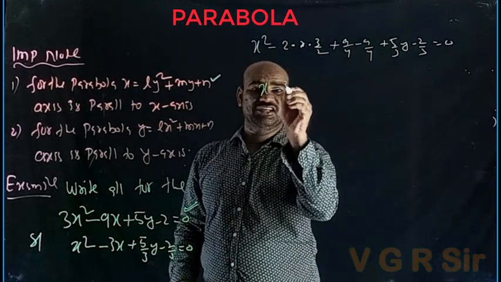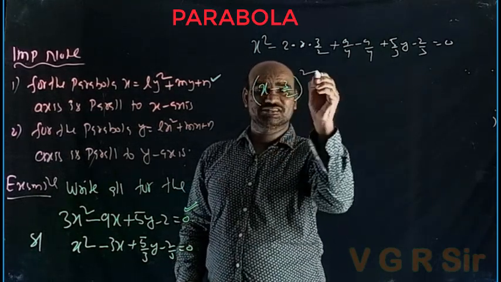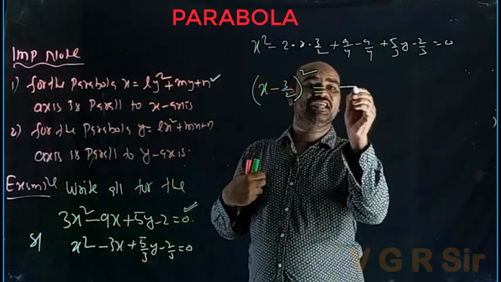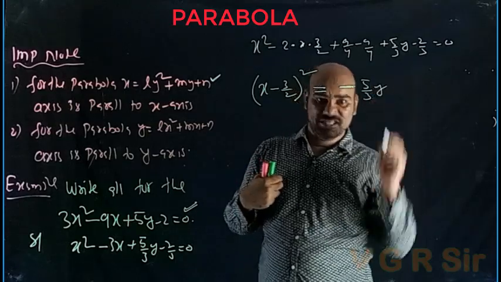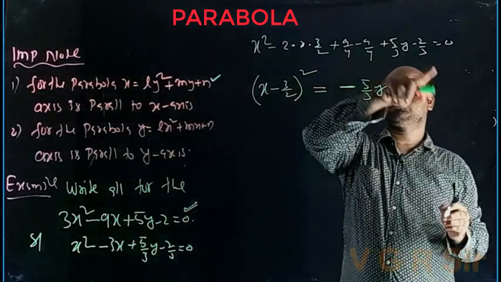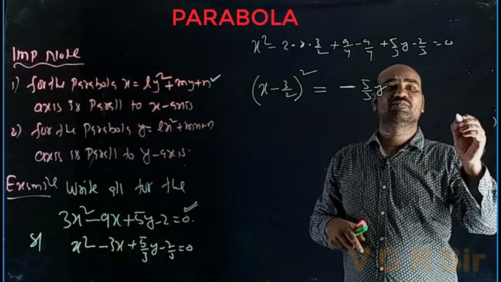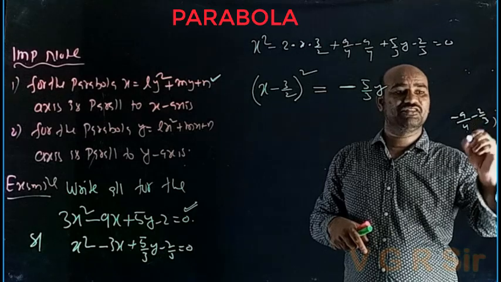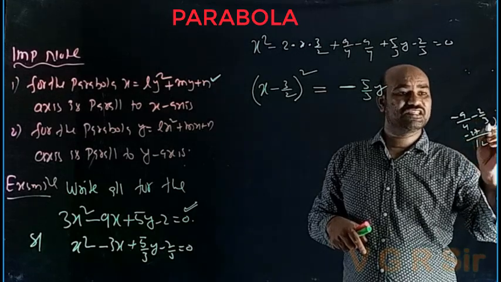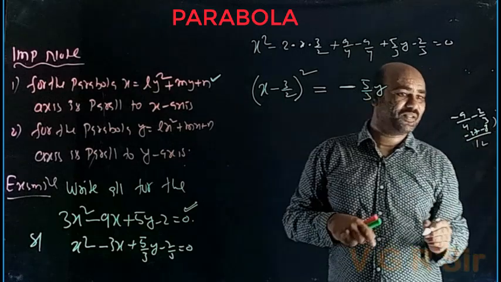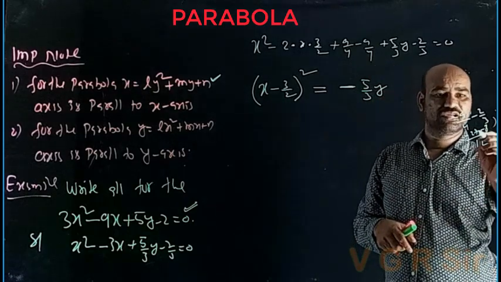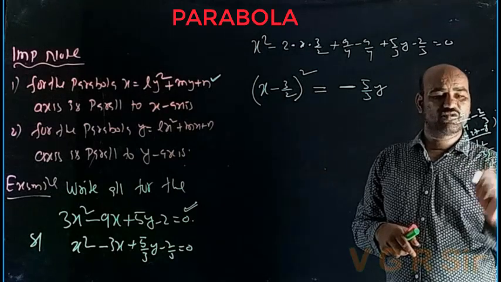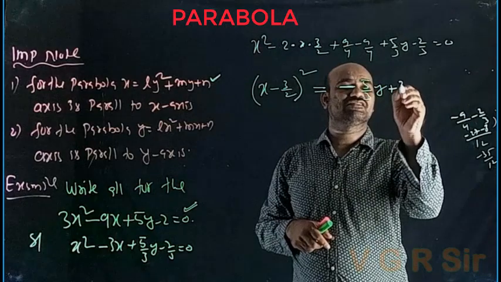x minus 3 by 2 whole square is equal to minus 5 by 3 into y. Transferring that side, actually I want to add them: minus 9 by 4, minus 2 by 3, LCM 12, minus 27, minus 8, that is minus 35 by 12, so it becomes plus 35 by 12.